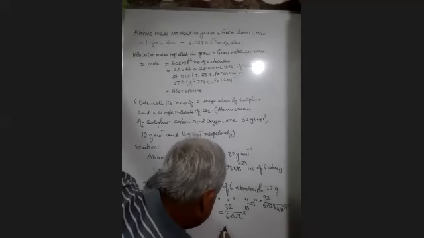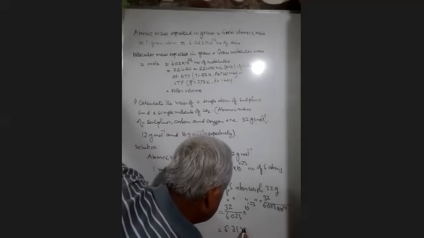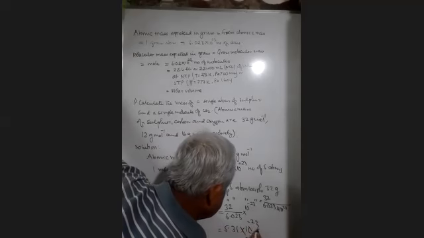You are finding only one. So only 5.31 into 10 to the power minus 23 gram. Because it was given per mole, and you are finding now one, it will be 5.31 into 10 to the power minus 23 only gram.